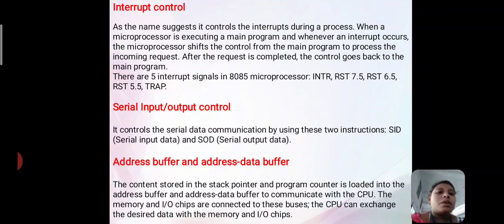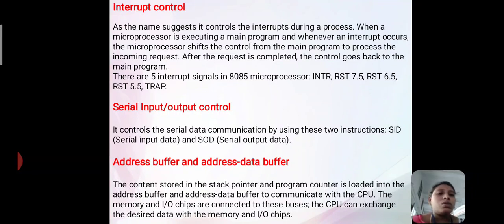Next, address buffer and address data buffer. The content stored in the stack pointer and program counter is loaded into the address buffer, and the address data buffer is used to communicate with the CPU. The memory and input or output chips are connected to these buses, so the CPU can exchange the desired data with memory and input or output chips.